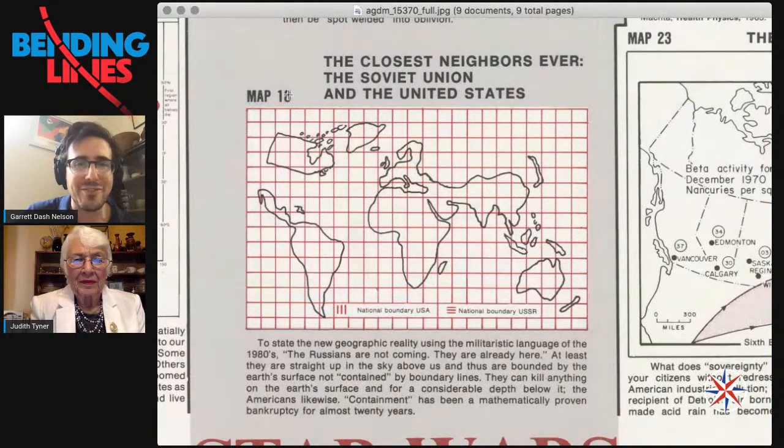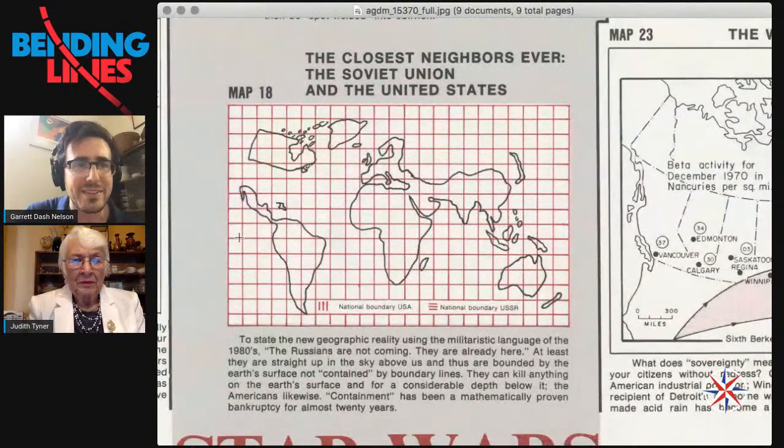And what do we have? We have a grid covering the whole Earth. The actual United States and actual Soviet Union are not shown on this map. And the argument is that national boundaries are meaningless in an era when a nuclear missile can strike anywhere at any time, when there's warfare in outer space.